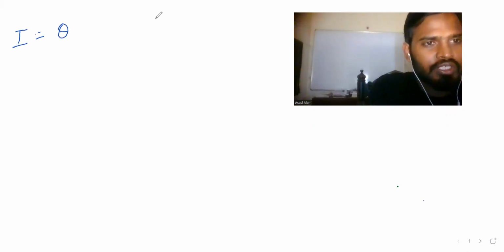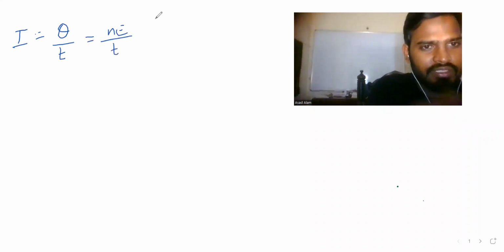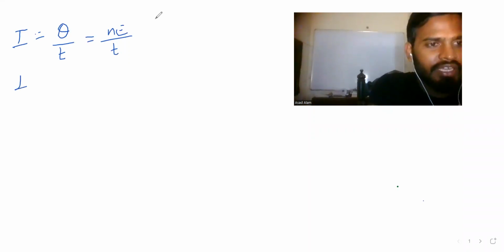Let's start now. So let's revise first whatever the formulas at least we had done, so that we can make a short note kind of thing. First, we had done I is equal to Q by T, right? Q is equal to NE by T, right? Then we had done I average, right?